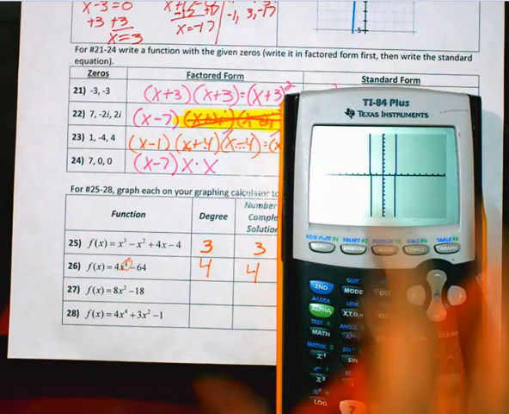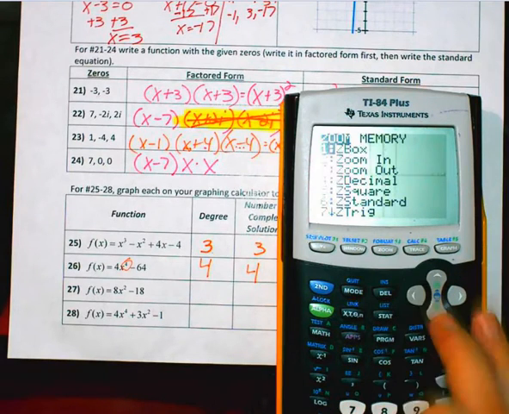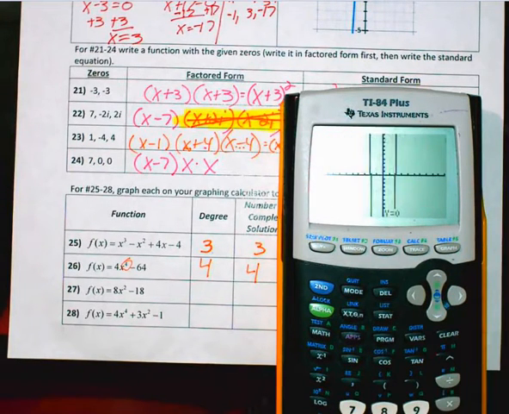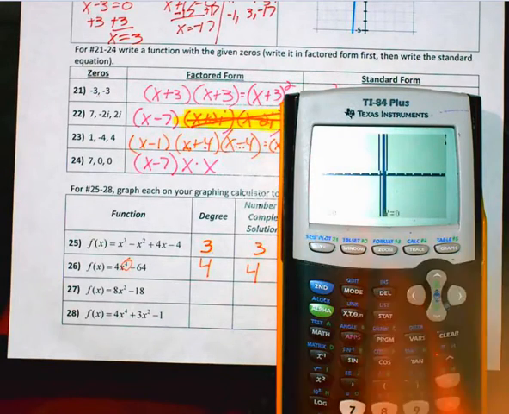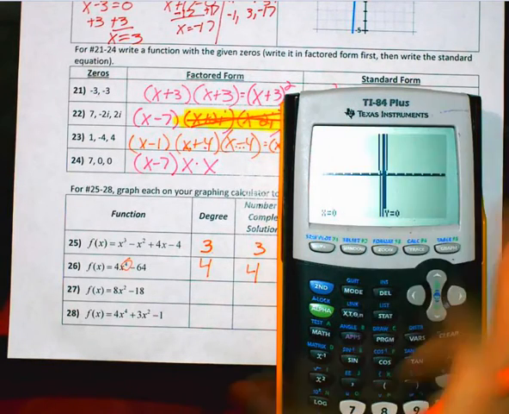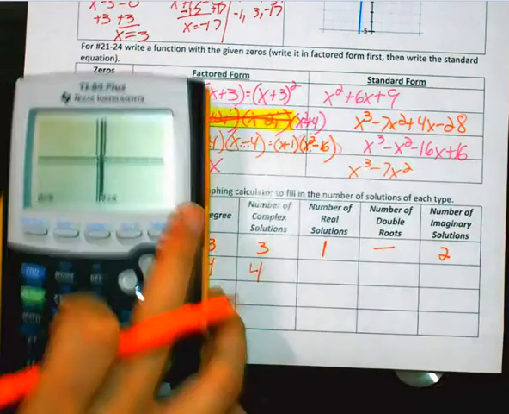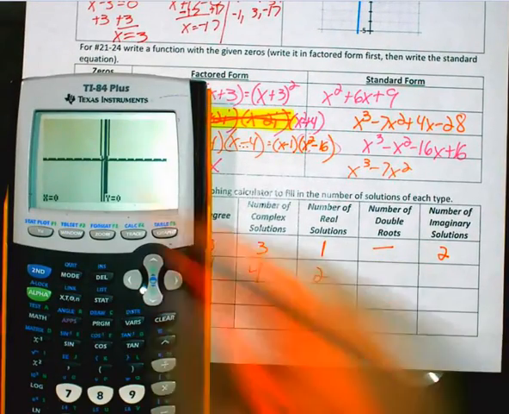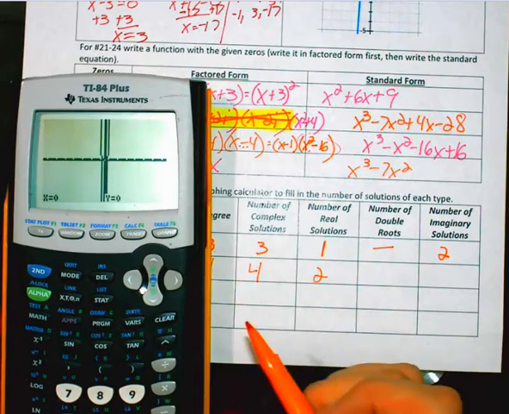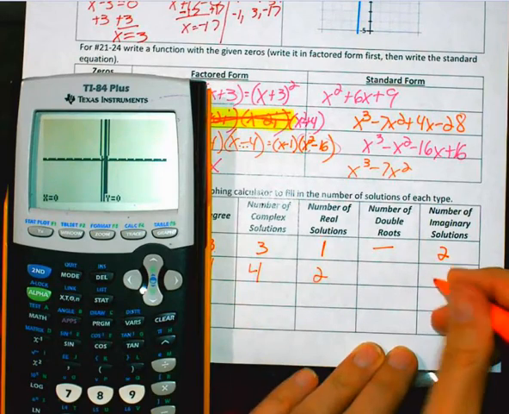Okay, so I have 2 very distinct, and if you want to zoom out, you could zoom out to try to get a better picture. And you can see it looks like a quadratic, which means I've got 2 real. So I have 2 very distinct places where it crosses the x-axis, which means I have to have 2 imaginary.